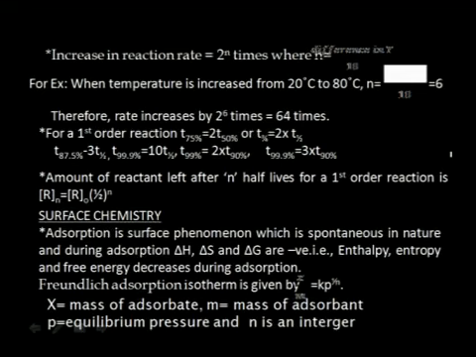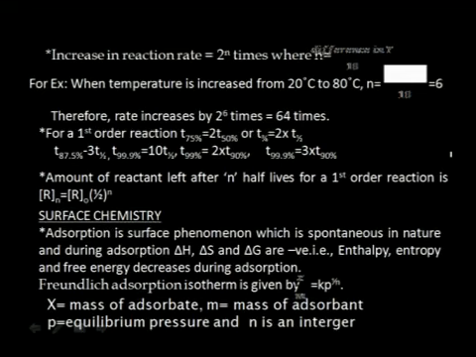Therefore, on dividing the entire equation by N2O5, and then multiplying by 4, you would get half into 4, that is 2K1, then 1 by 4 into 4, that is 1K2, and then 1 into 4, that is 4K3. So the correct option becomes 2K1 equals K2 equals 4K3, and that is option B.